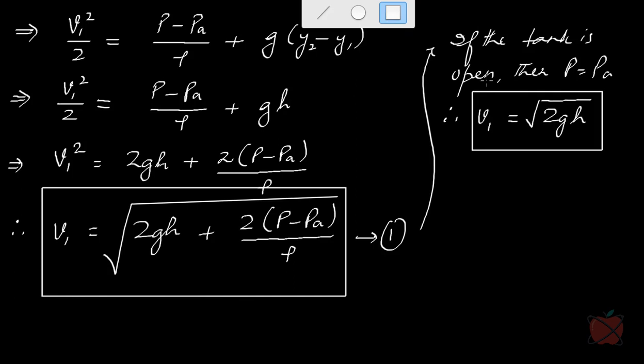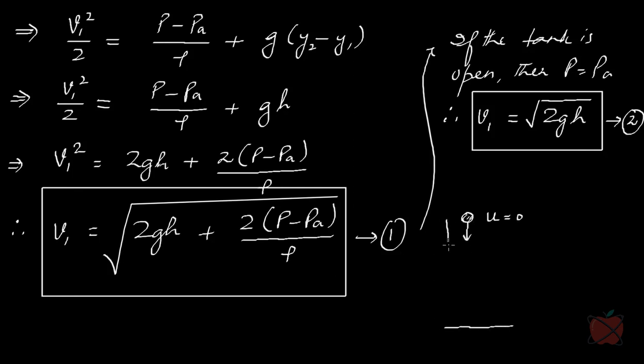Now what is this equation all about? This is nothing but the velocity of a body which is falling freely from some height. Imagine a body falling freely from rest from a height h.